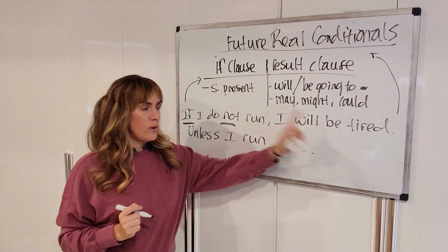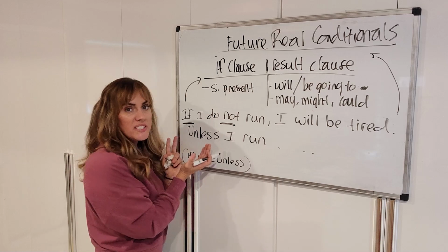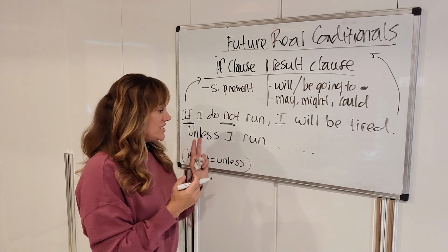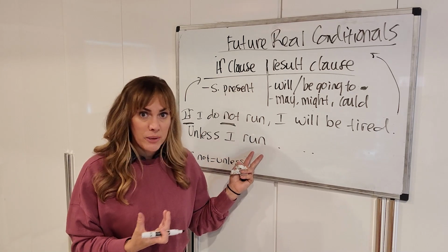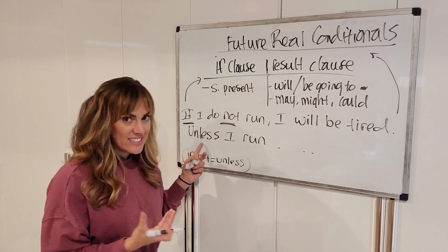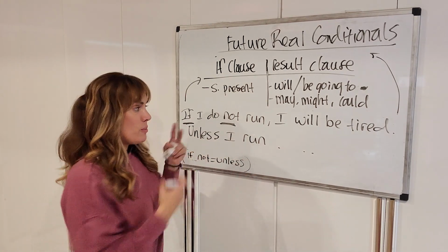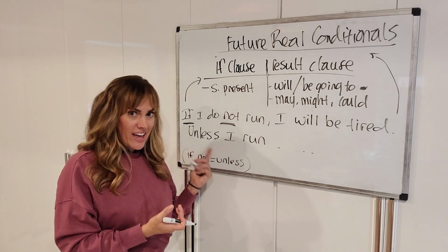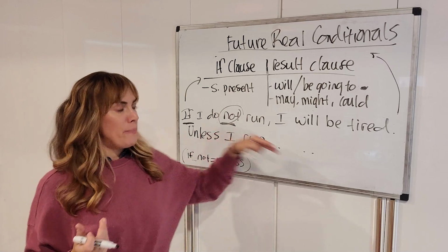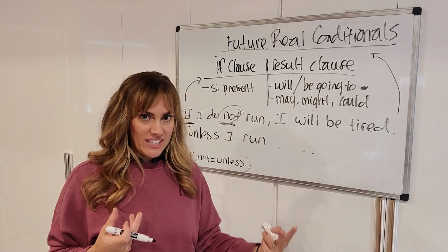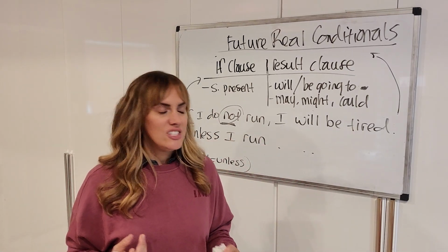So when you use unless, you just need a subject and a verb in the affirmative because unless means not. So make sure when you use unless that you're not using not, but that the result means what you want to say.